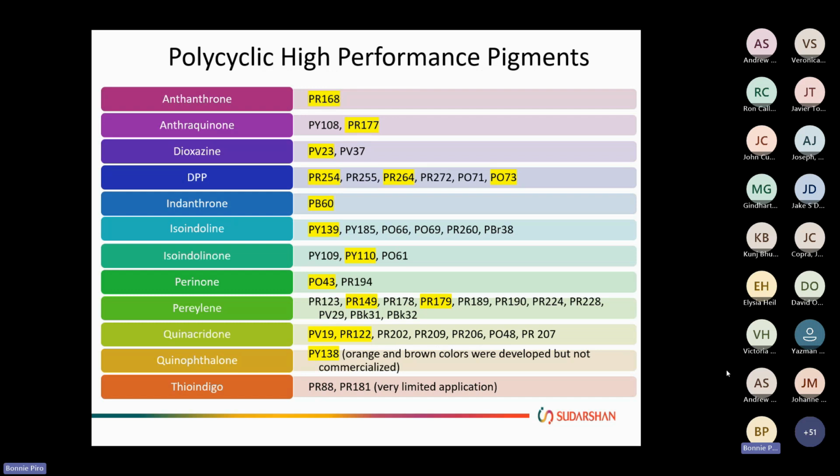In the chemistries, there are a number of products, color indexes in each of the chemistry areas of polycyclic pigments. The ones I've highlighted here are the ones I have some information to share during this presentation.